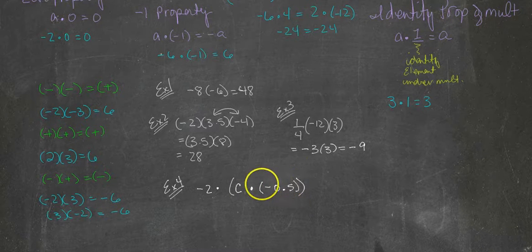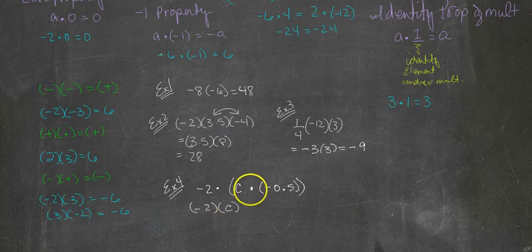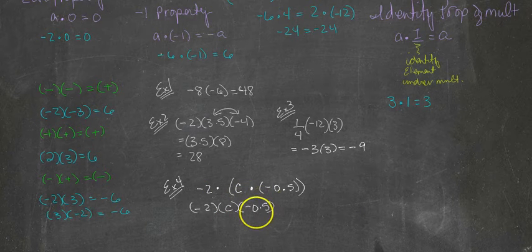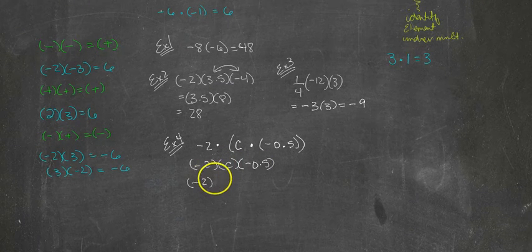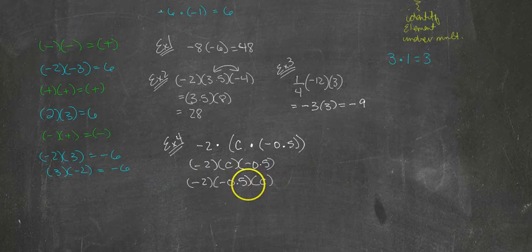Or I could rearrange it, because this is really -2 times c times -0.5, right? Then I can use the commutative property and switch these two around, so I get -2 times -0.5 times c.